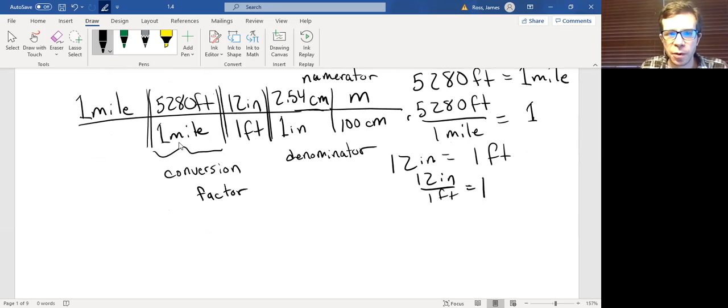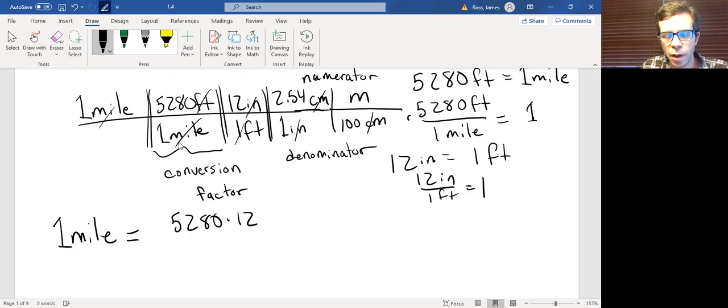So now if we want to calculate 1 mile in meters, it's going to be equal to, well, the miles cancel, feet cancel, inches cancel, centimeters cancel, and we're left with meters. So we're left with 5,280 times 12 times 2.54 divided by 100 meters.